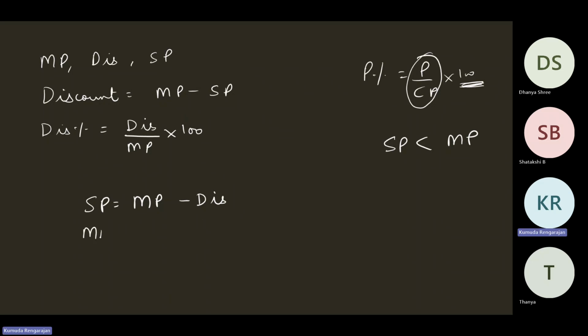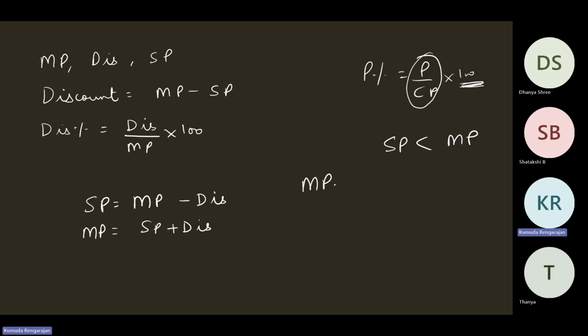But what about mark price? Mark price is more than the selling price, so it will be selling price plus discount. Mark price is selling price plus the discount, but selling price is mark price minus discount, because you get a smaller value.